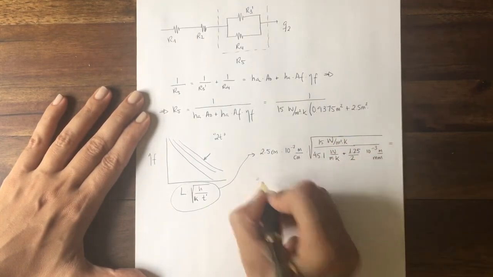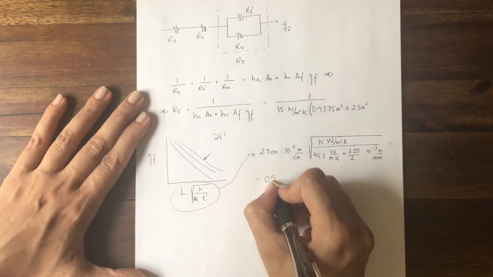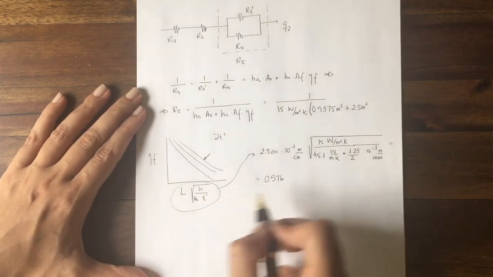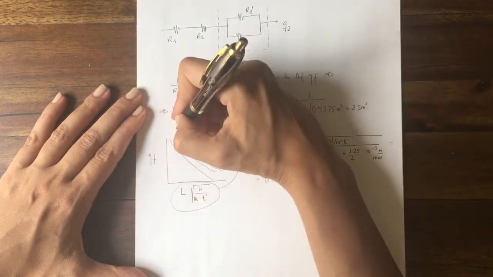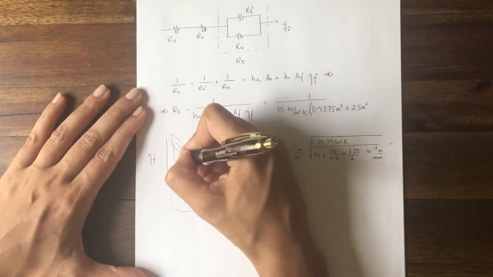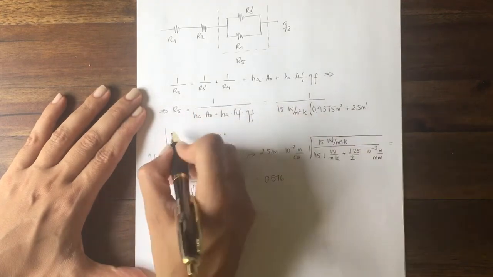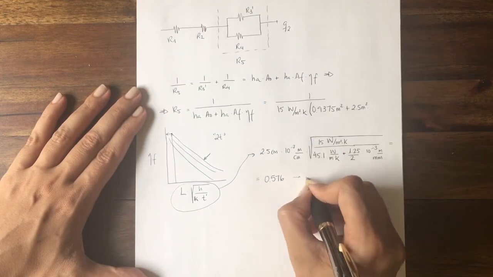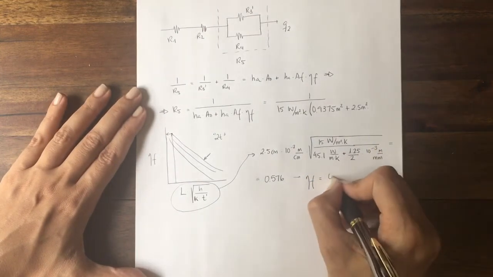You make the calculations and the value of this parameter is 0.576. So if you get with this value in the graph, you will have something like here, and it's a very high efficiency. It's 0.95.